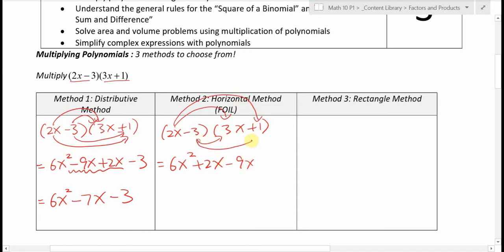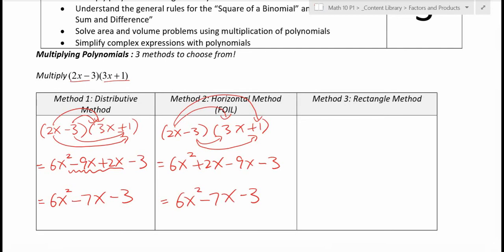And L stands for last, so negative 3 times positive 1, negative 3. You can see it yields the same thing, except the middle two terms are reversed in order, but really it's the same thing. These two are pretty much the same, it's just the order in which you multiply that is different. Either way, it's fine.